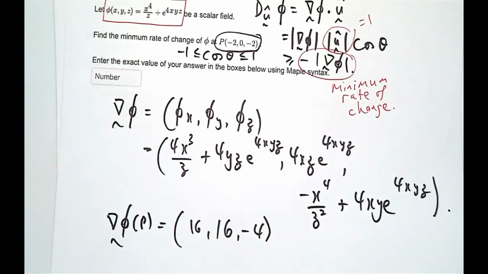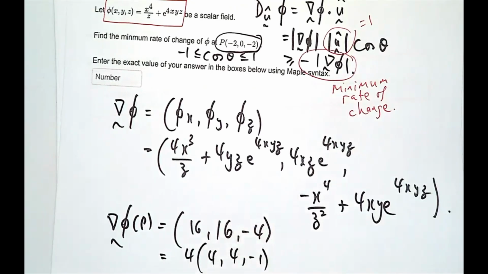Now, you probably won't get something like this in the class test or the lab test, but if you've got to find the length of this, how would you go about it? Well, one quick way is just to pull out a common factor.